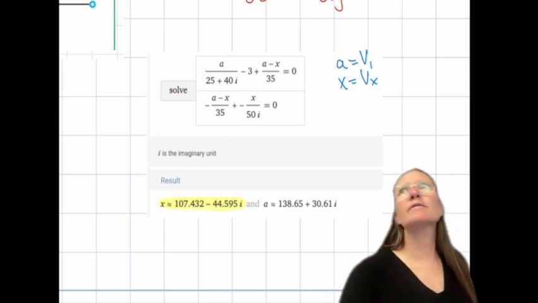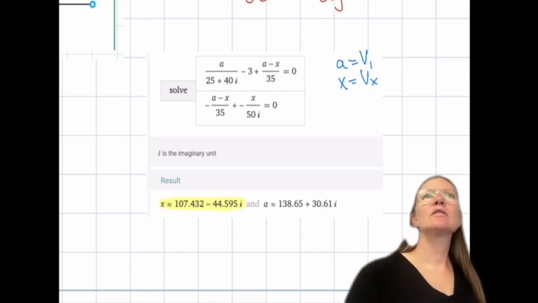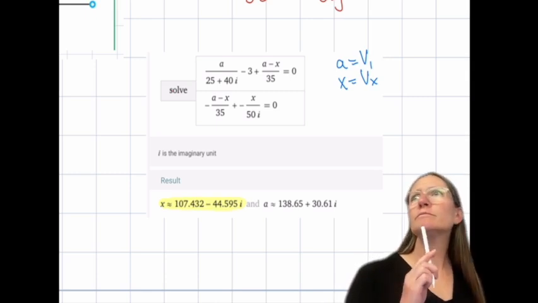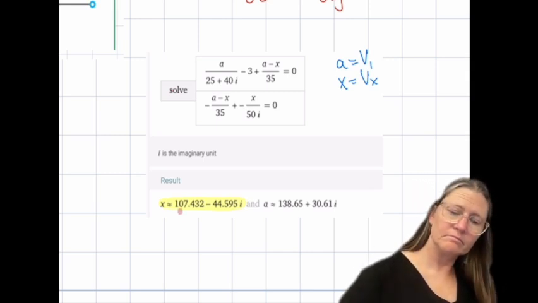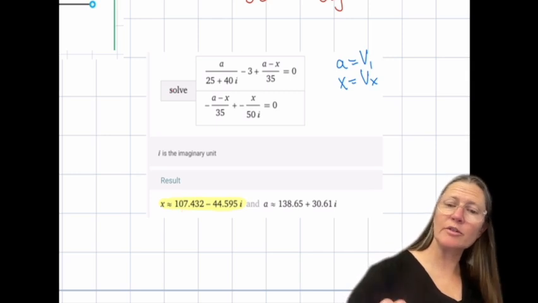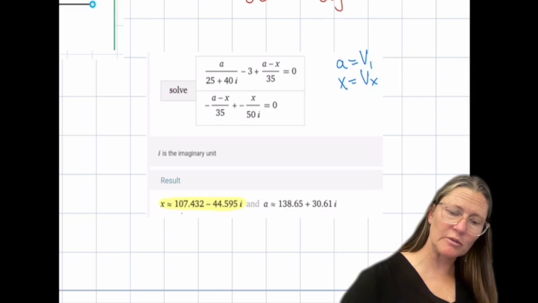If I want to write Vx of t, what do I need to do? Correct, so I need to convert it first into the polar form.